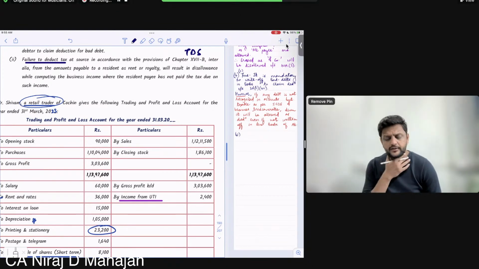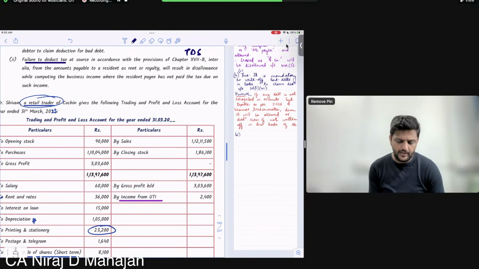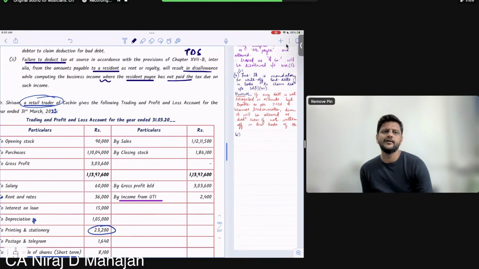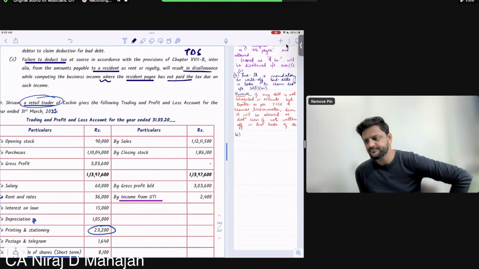So failure to deduct TDS from the amounts payable to a resident as rent or royalty will result in disallowance while computing business income where the resident payee, okay important, the resident payee has not paid the tax due on such income. Did you understand the entire case?